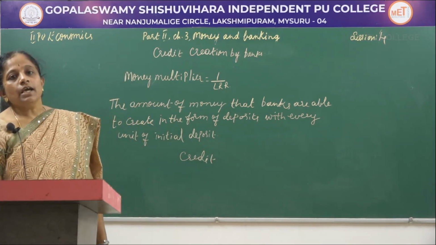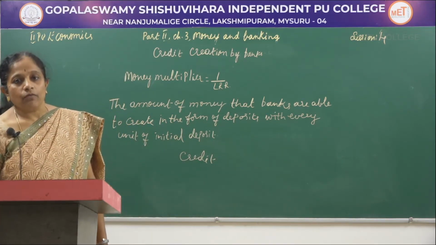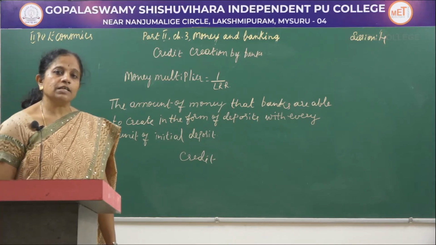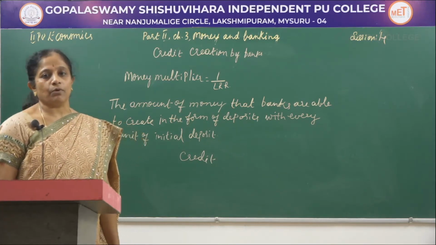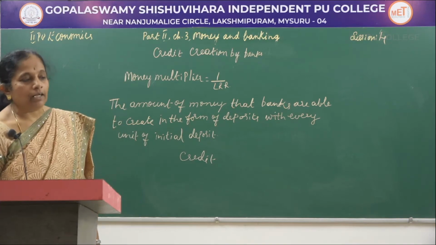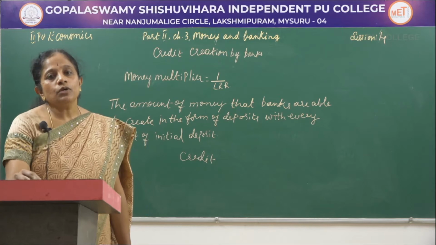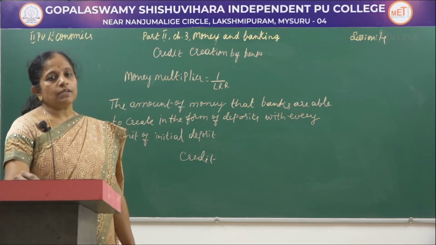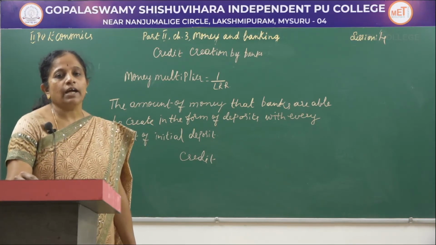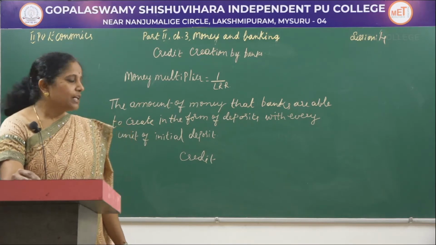And now let us see how the money multiplier works, or how the credit is created out of every initial deposit in a commercial bank. These commercial banks create money out of two types of deposits. The first one is primary deposit and the second one is secondary deposit.